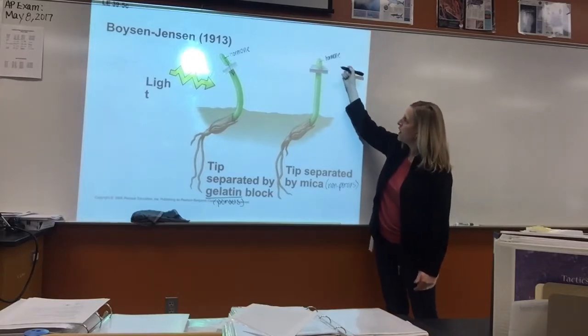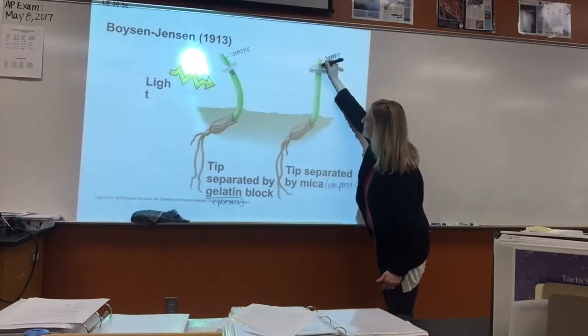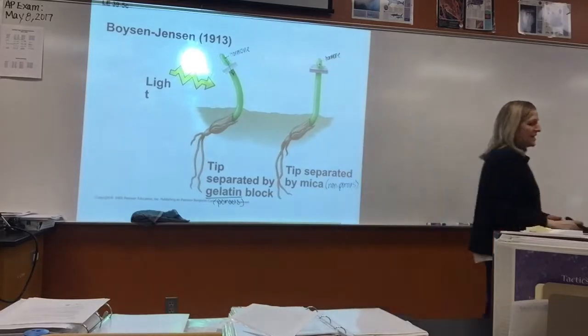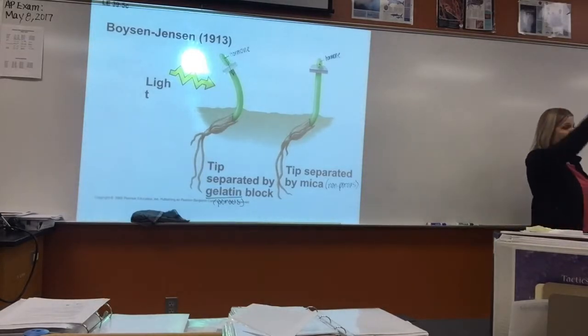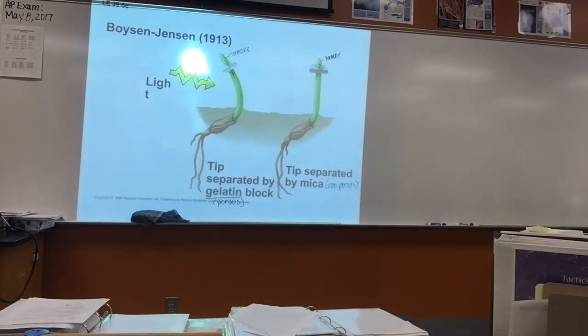So the hormone stays something like this here. It tries to get through, but can't. It stays there. And therefore there's no communication between the tip of the plant and the rest of the plant, and the plant stays straight. So this helped to show that there is some kind of chemical messenger, some kind of hormone that's triggering this.